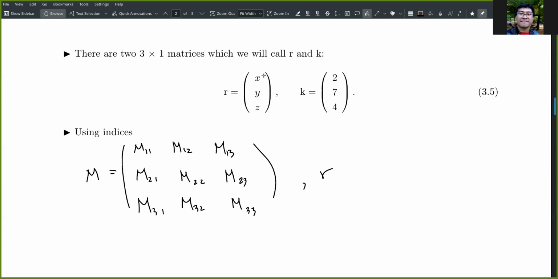For X, Y, Z, if we want to write this in terms of indices, let's write it as R1, R2, and R3. And finally for K, let's call it K1, K2, and K3.